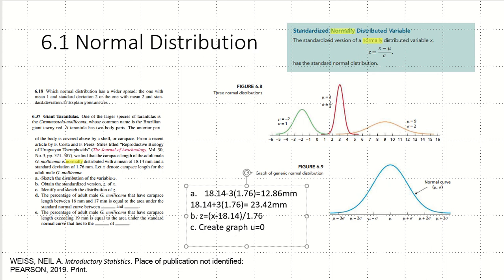Alright, moving forward, part D, you're given 2 measurements, and so now you want to know the percentage in between. To do that, you will use the equation that we got in part B. So you'll do 16 minus 18.14, in parentheses, divided by the standard deviation, which is 1.76.